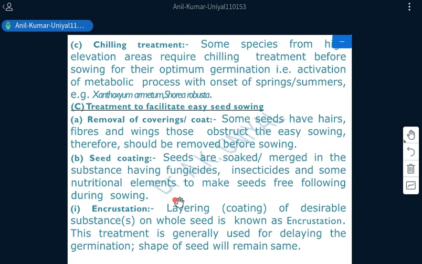Then we have encrustation, which is the layering or coating of desirable substances on the whole seed. Okay, this treatment is generally used for delaying the germination, and the shape of the seed will remain the same during sowing.